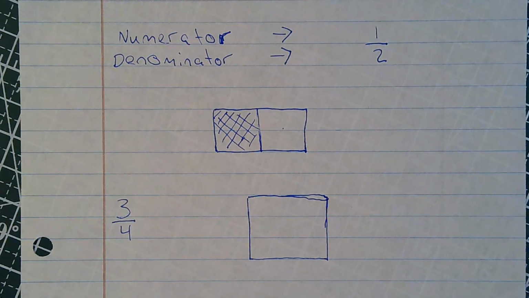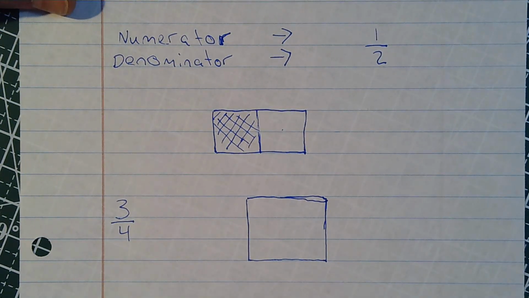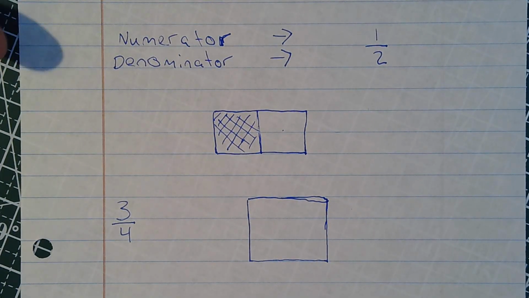And I need to split this shape into 4 equal parts, because our next thing with fractions is the equal part of it. We can't just draw a random thing and fill in random lines. It was easy with the 1/2 to make them equal because we just cut the shape in half.